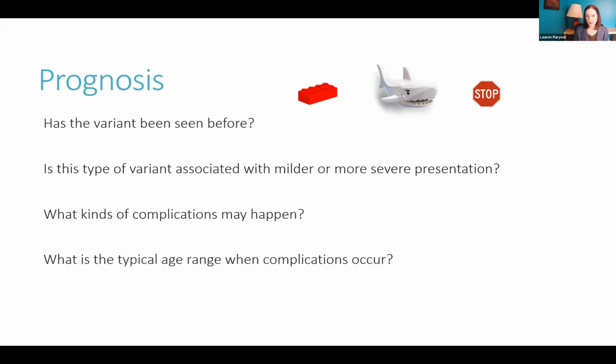In some cases, people have more complications with a null variant than they do with a missense. So you can figure out from what's found on your genetic test result if there's anything that's known about that. And as I said, this will tell you what kinds of complications you might want to anticipate. It will help your providers figure out what screening is appropriate and at what age that screening should be done.